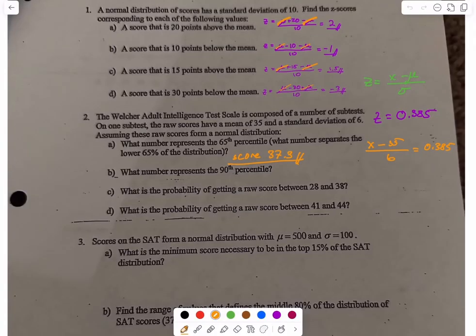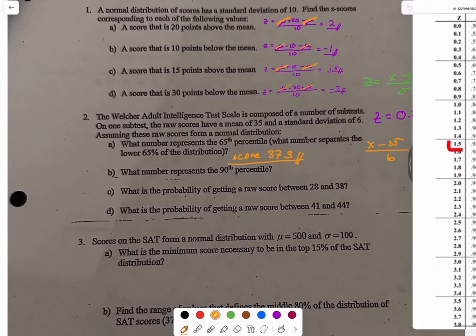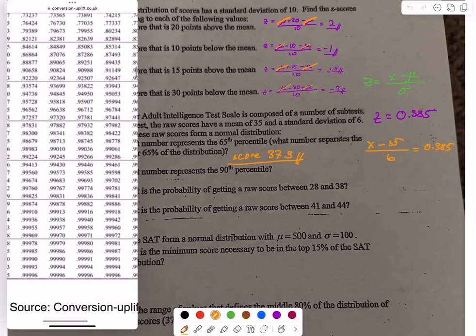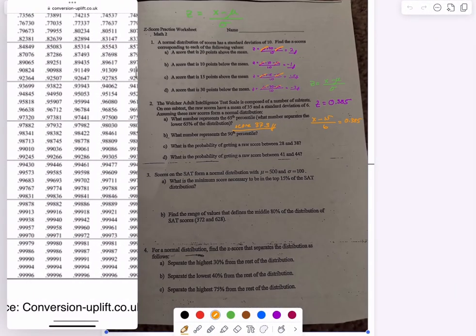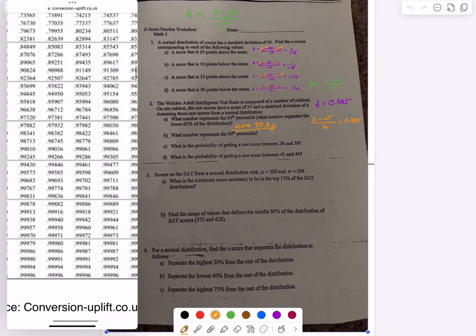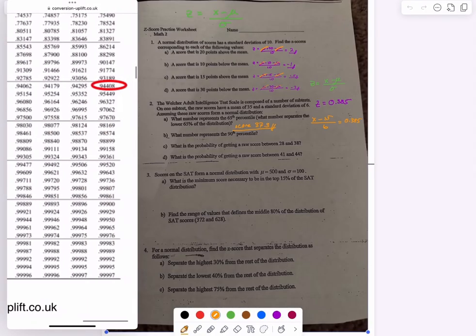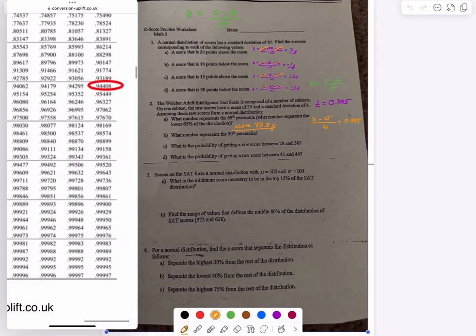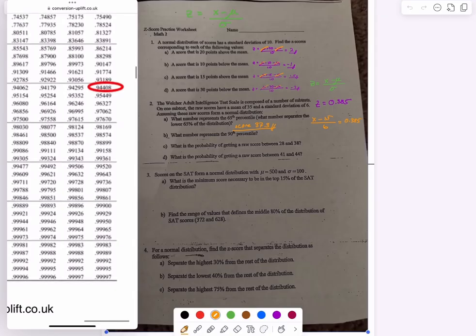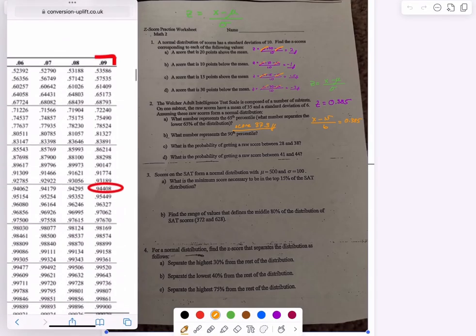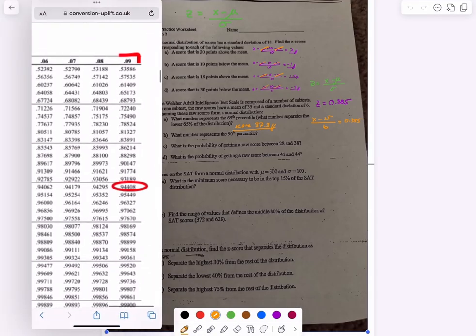Now they did get something slightly different. So again, from this chart, I'm getting approximately 1.2, so 90, 1.285, give or take.